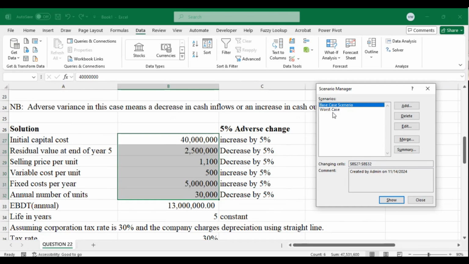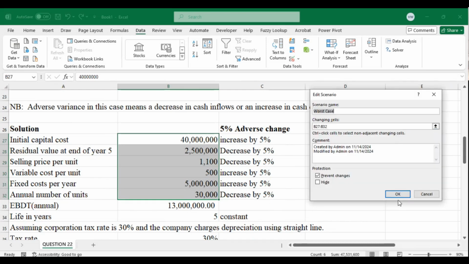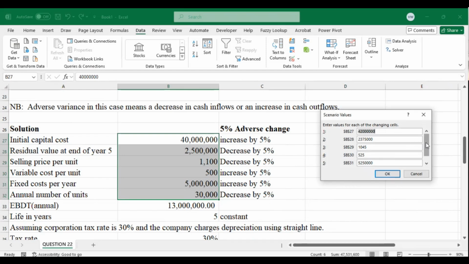So if we go back to our worst case scenario and we try to edit it, and I say okay, you can see that now the story has changed. Initially we had 40 million, now we have 42.